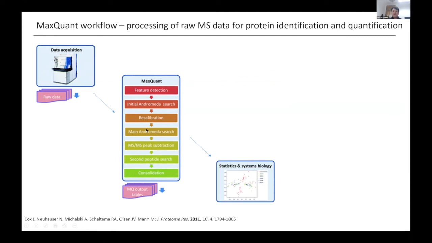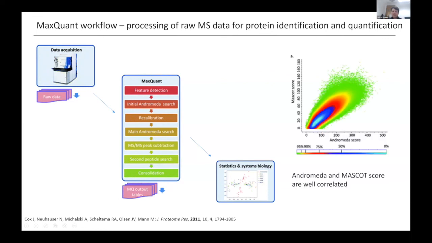And then once these have been assigned, there's actually something called a second peptide search that allows us to find possibly co-isolated peptides, so where there were two precursor ions that were very close to each other, generating an overlapping MS spectrum which contains two sequences. And then at the end of the whole process, including any label-free quantification steps, we then generate a set of MaxQuant output tables, and these can then be analyzed further through statistical data analysis. And this is just showing that both Andromeda and MASCOT scores are highly correlated. So these two search algorithms perform rather similarly.